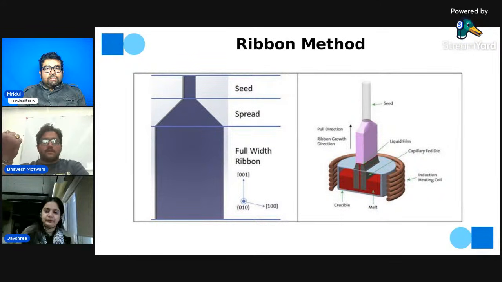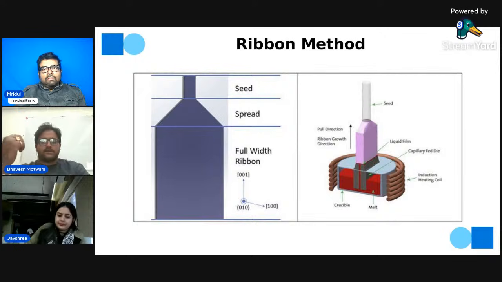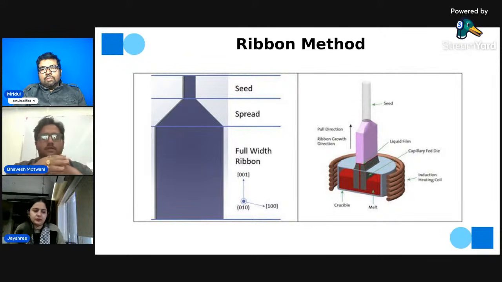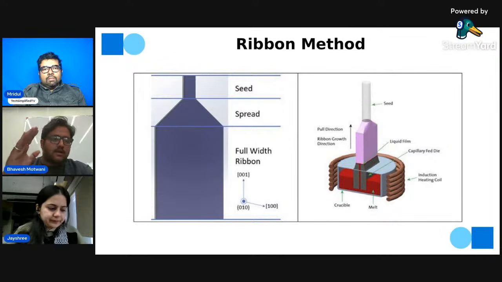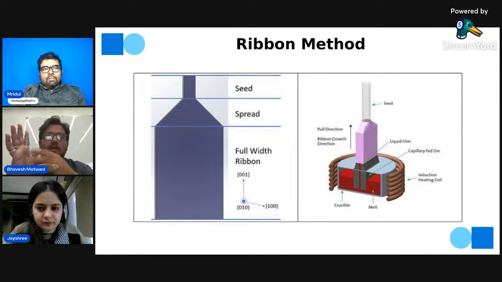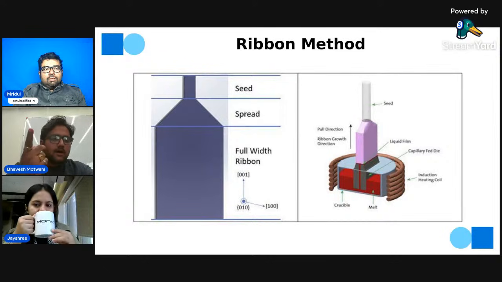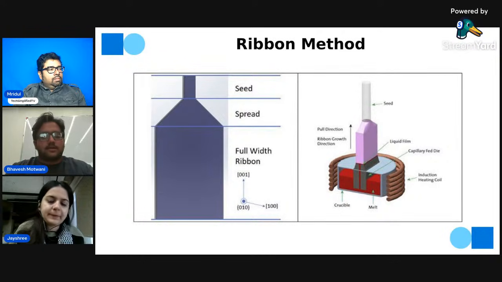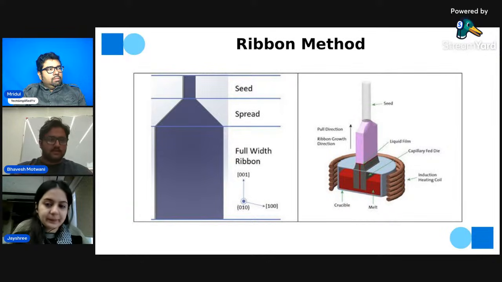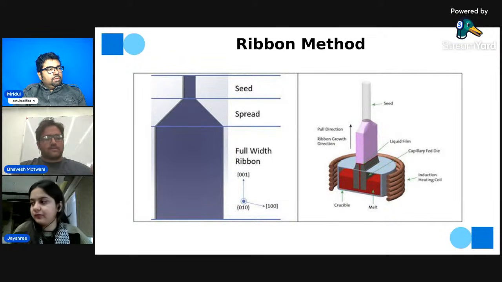Now the ribbon method. The ribbon method is basically an alternative for growing silicon without the ingot and slicing steps. Basically, the ribbon method is used for making wafers for solar cells, because it makes a square-like structure.